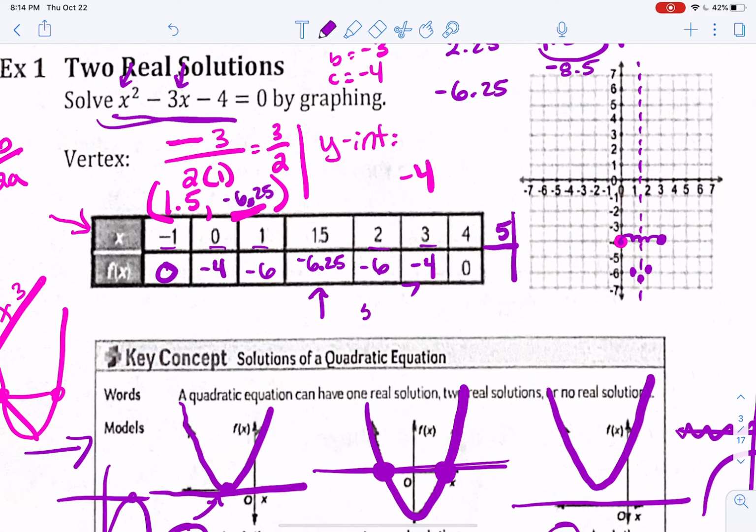So if we plug 5 in, 5 squared minus 3 times 5 minus 4. 5 squared is 25. 3 times 5 is 15, minus 4. 25 minus 15 is 10. Minus 4 is 6, I believe. Oh, wait a second. 4 was at 0. There we go. We didn't need to do that.